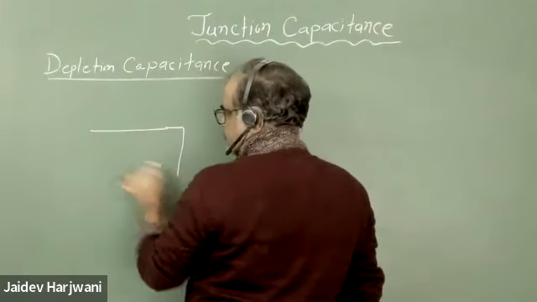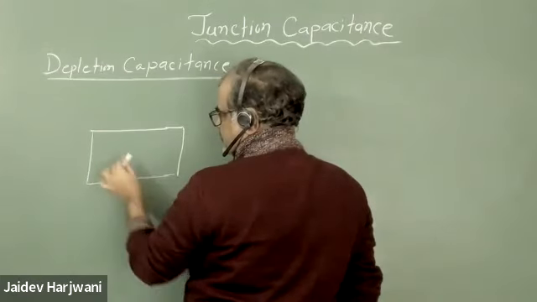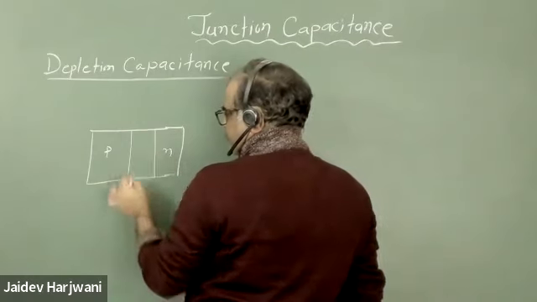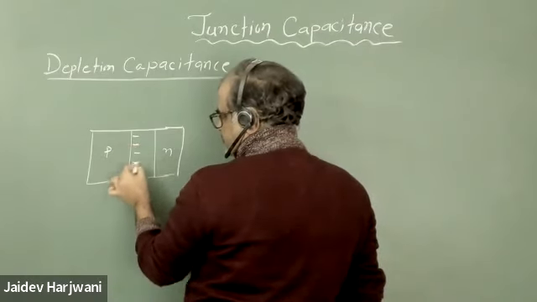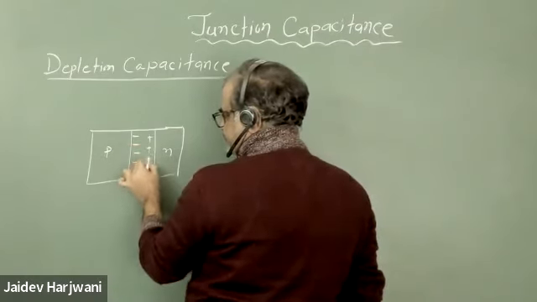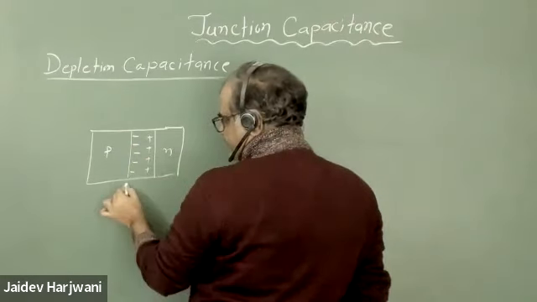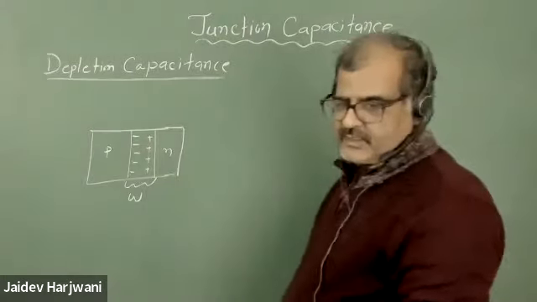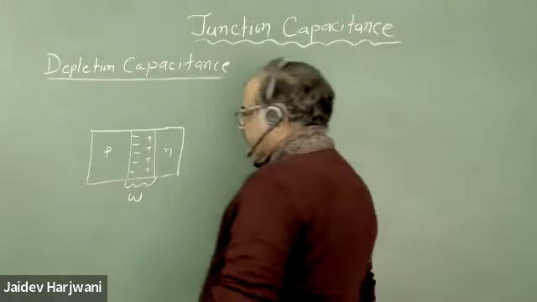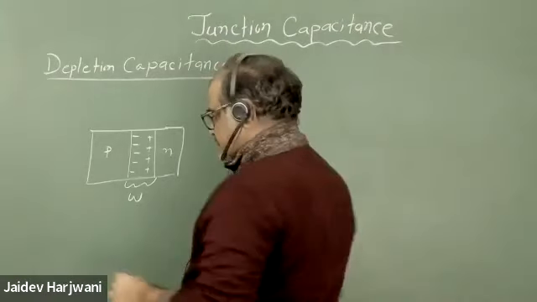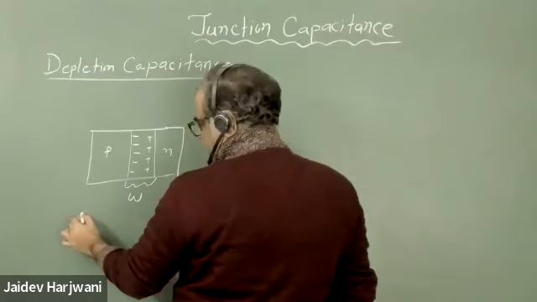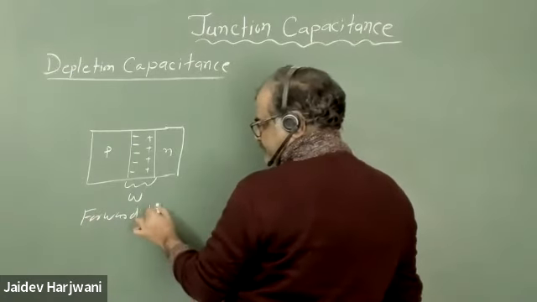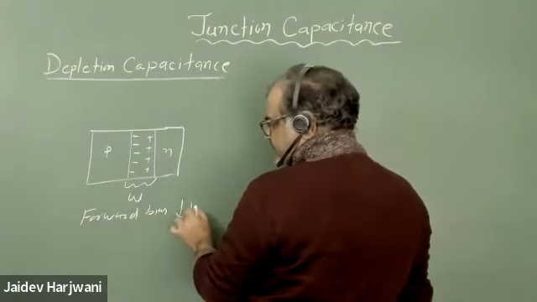You have a PN junction, and you have a depletion layer. This depletion layer width is a function of voltage. Whenever you apply voltage, if you apply forward bias, the depletion layer width decreases.